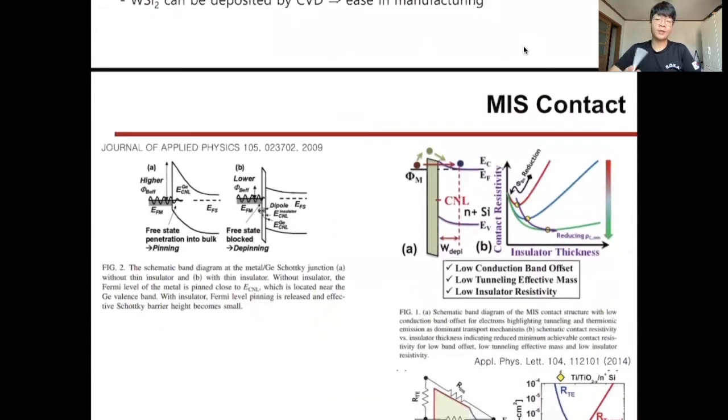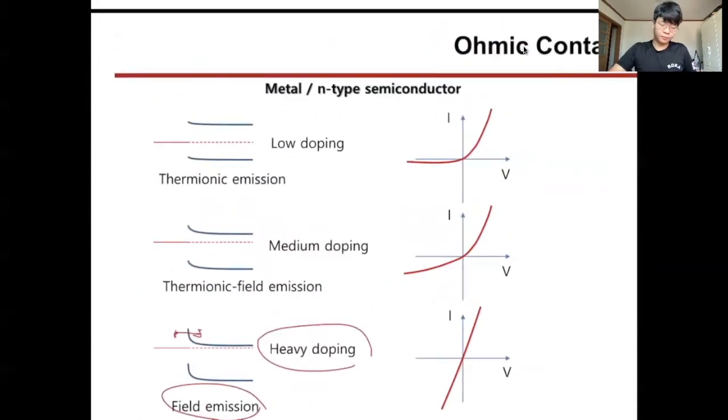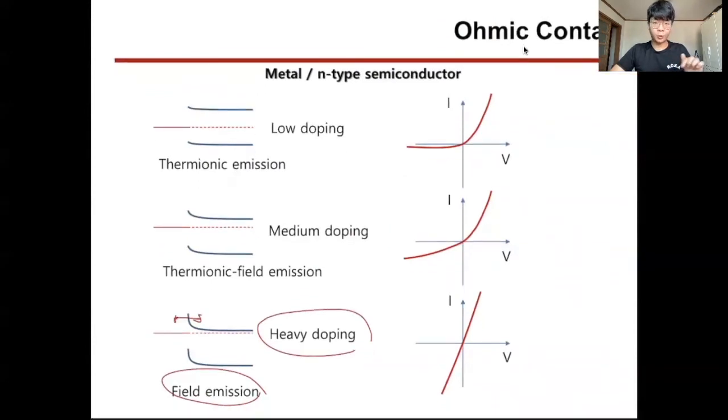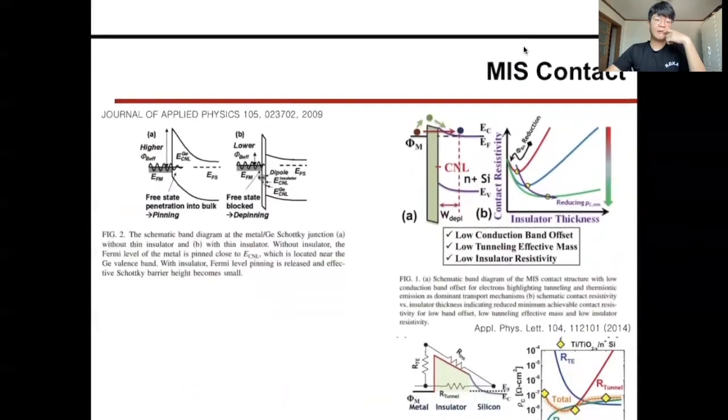And then there is the metal-insulator-semiconductor contact. In the MIS junctions, the carriers go through using a tunneling effect. If you dope the source and drain at very high concentrations, the mobility goes lower, so it can cause more contact resistance.